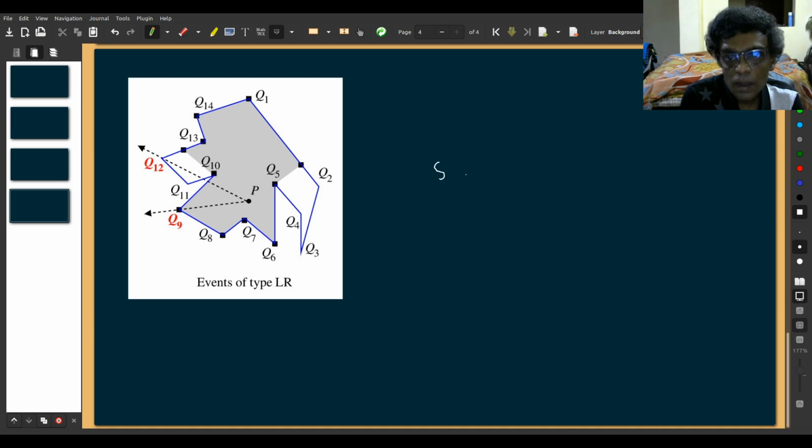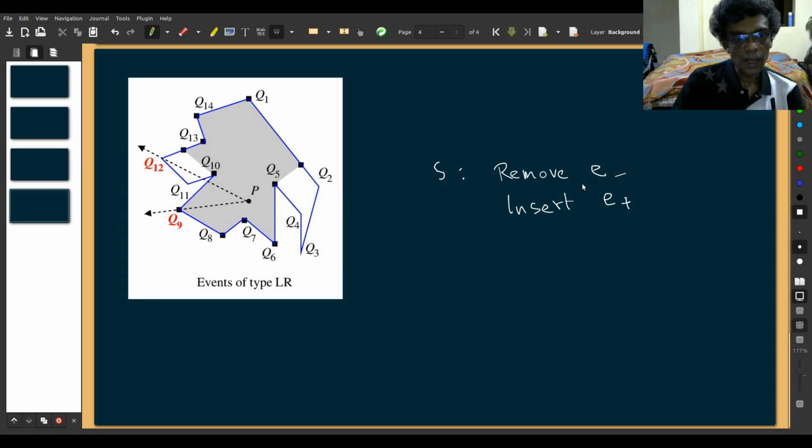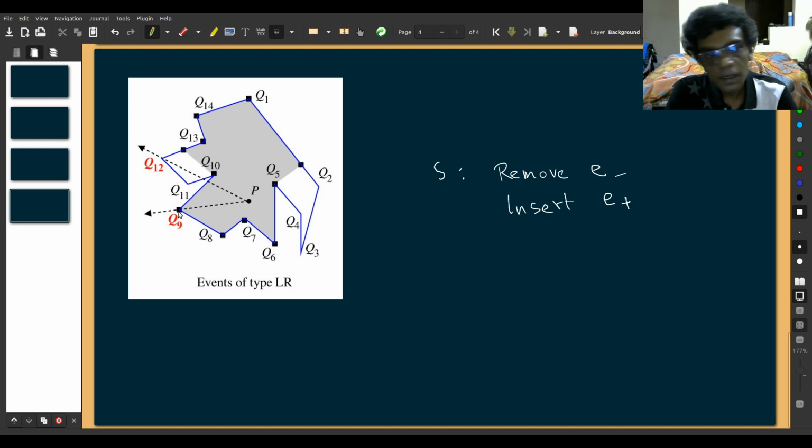So in S, remove E minus, insert E plus. But then, after we are done with this, you find out whether this point of intersection, from this point onward, E plus will stay for some time.